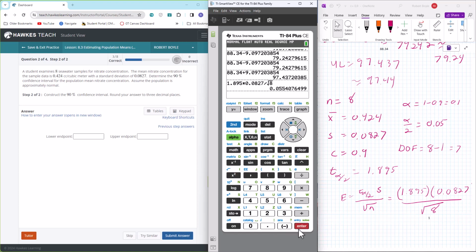That gives us an error of 0.0554. So our lower limit is going to be X bar plus E. No, I'm sorry, minus E, my bad. Minus E. Okay, so that is going to be 0.424 minus this number right there.